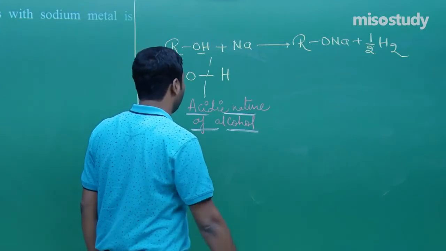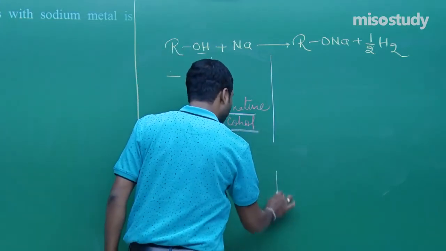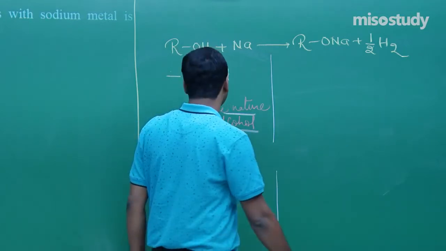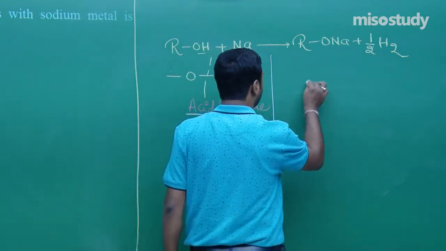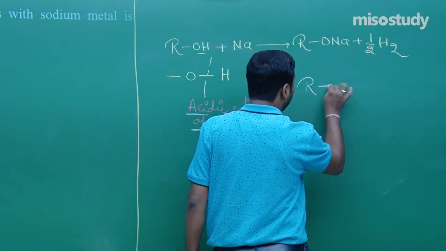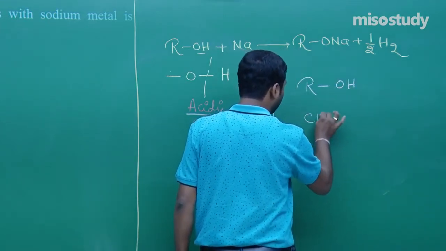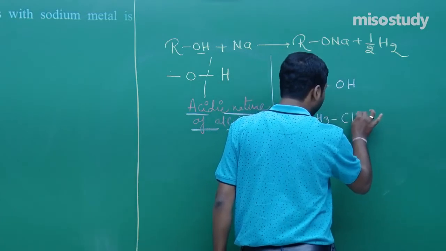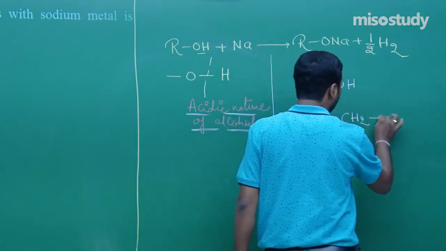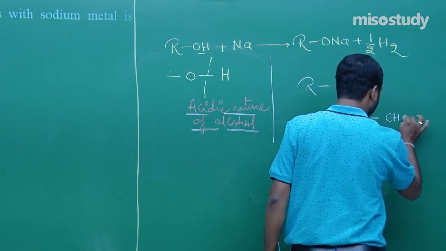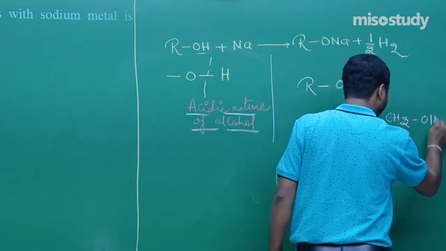Now what is the question here? Which one has more reactivity, either 1 degree, 2 degree or 3 degree alcohol? If I talk about ROH, for example, if I take CH3 CH2 CH2 OH, clear friend?